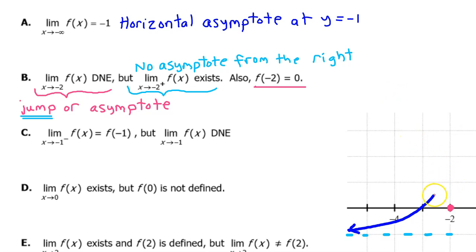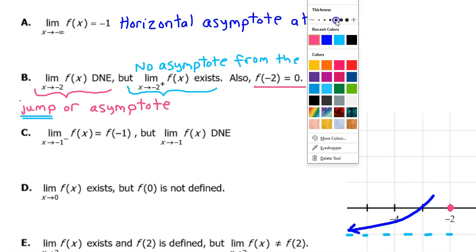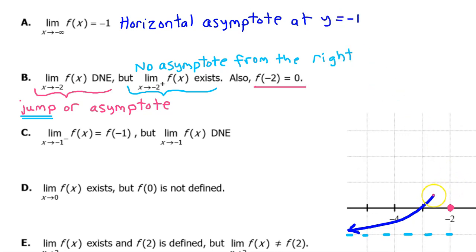Because as I continue what I had before, that's a little skinnier than I wanted it. I'm going to continue this piece of the graph on its merry way, but I'm going to put an open circle right here. And then we have the jump. So this satisfies all three conditions.